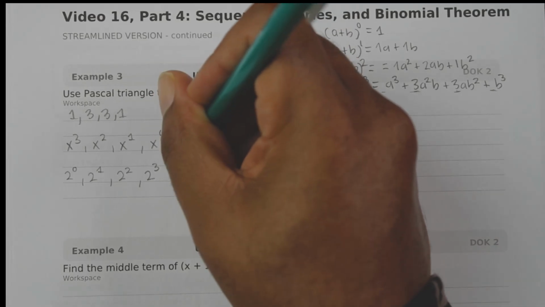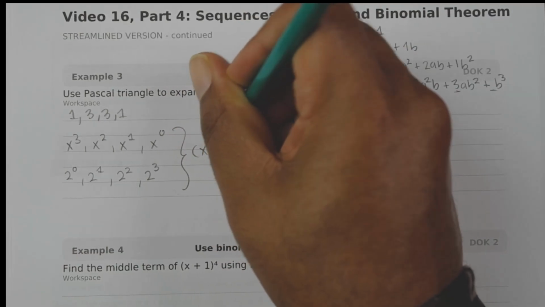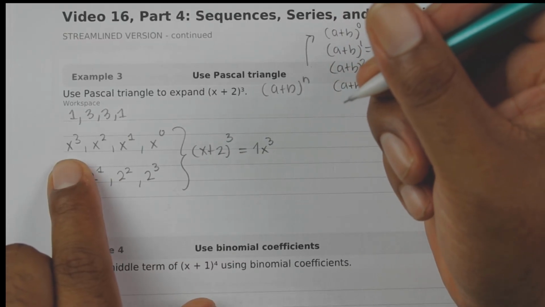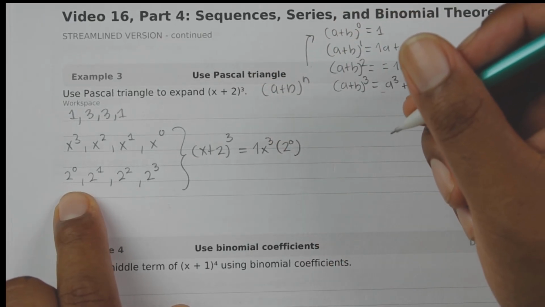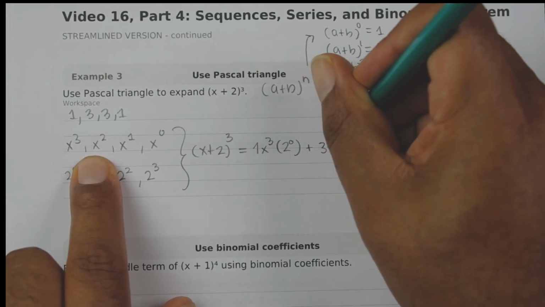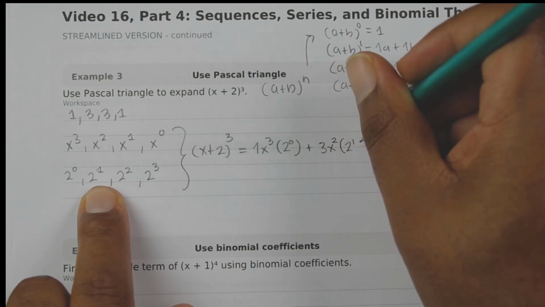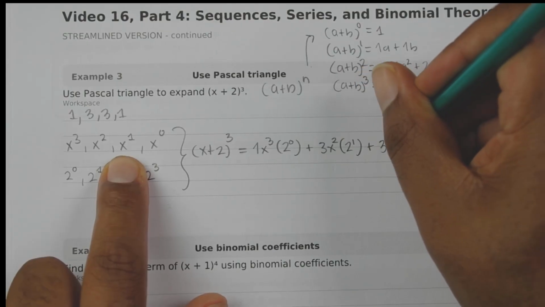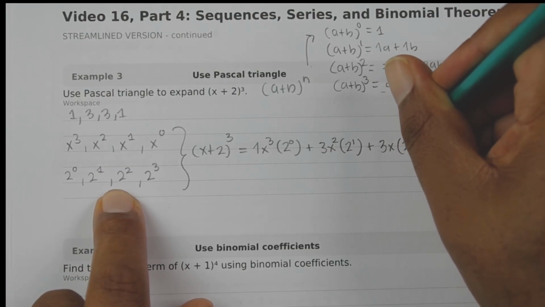So using that information, x plus 2 raised to the power of 3 would be 1x cubed times 2 raised to the power of 0, plus 3x squared times 2 raised to the power of 1, plus 3x to the power of 1, or just 3x, multiplied by 2 squared.